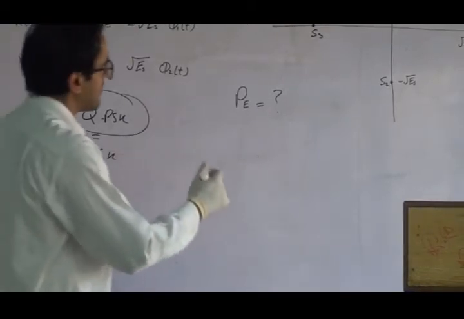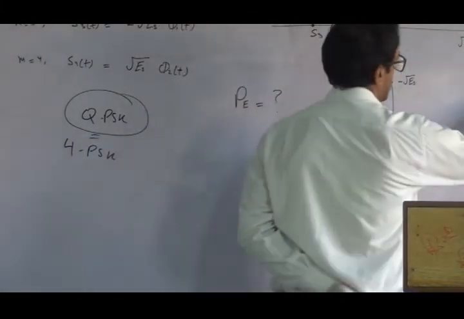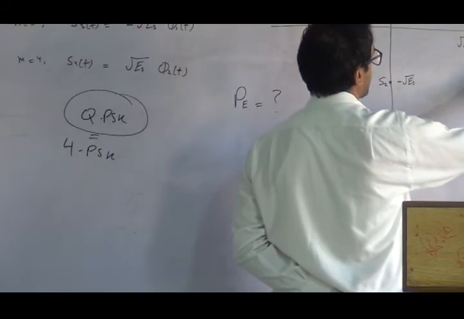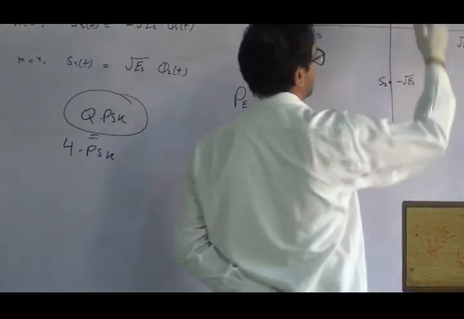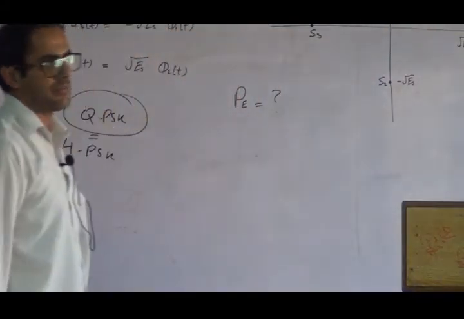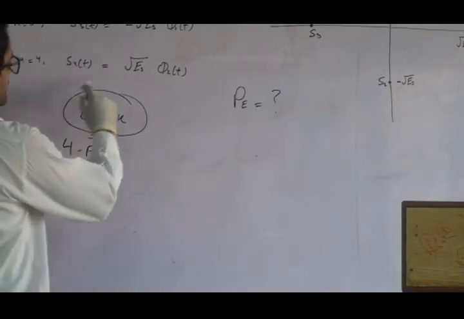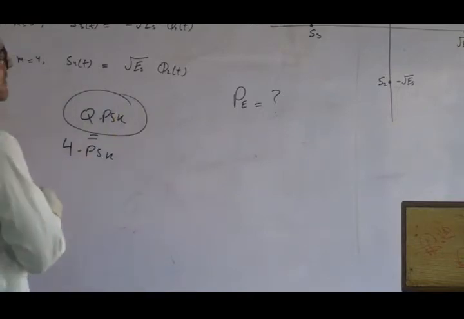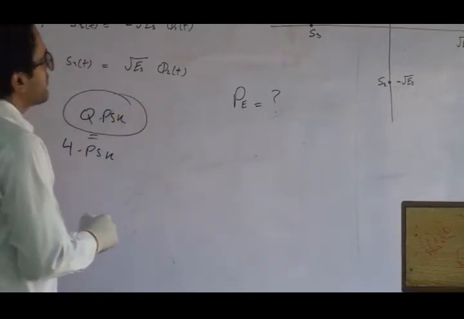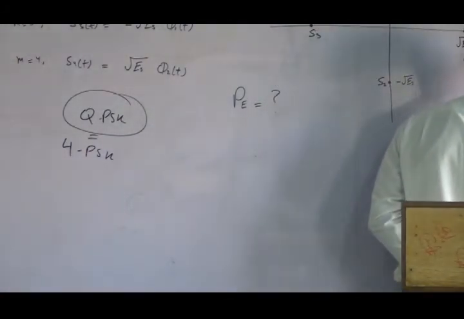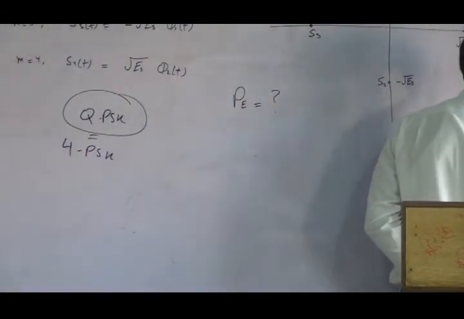We have this axis, normally referred to as the I axis or in-phase axis, and this axis referred to as the Q axis or quadrature axis. So we call it, in short, quadrature phase shift keying, right? And suppose we have more values, suppose M equals 8, then we have more signal points, right?